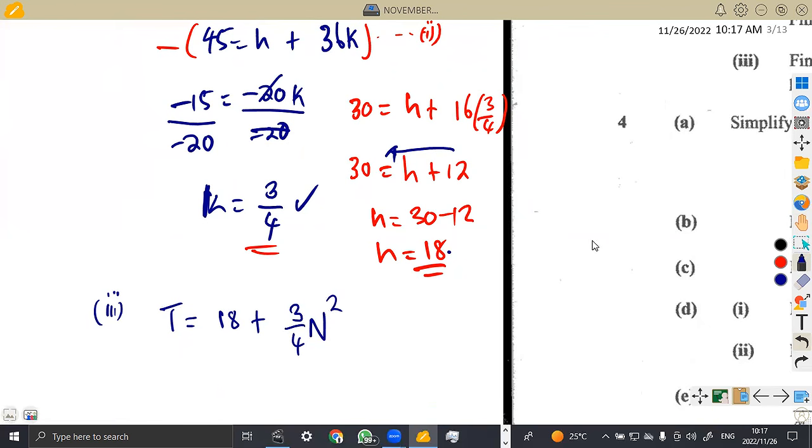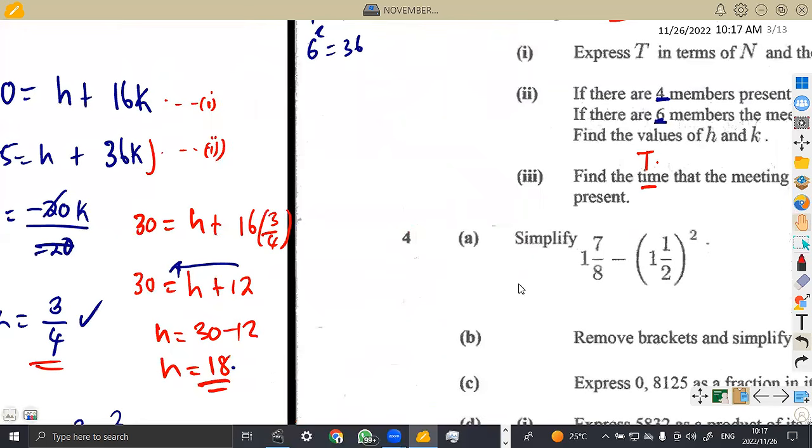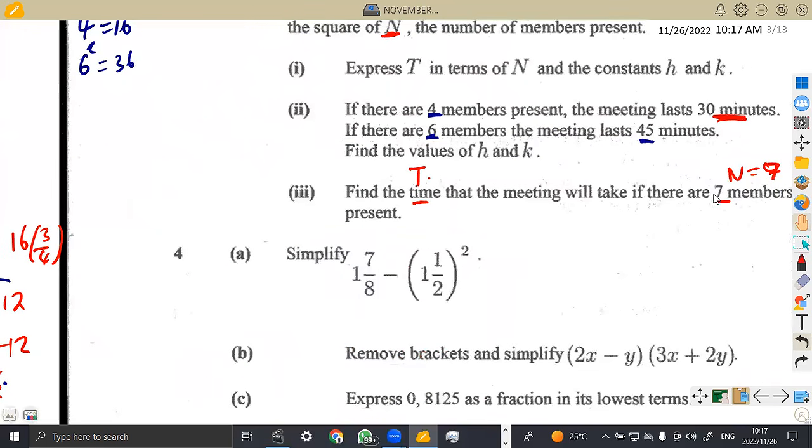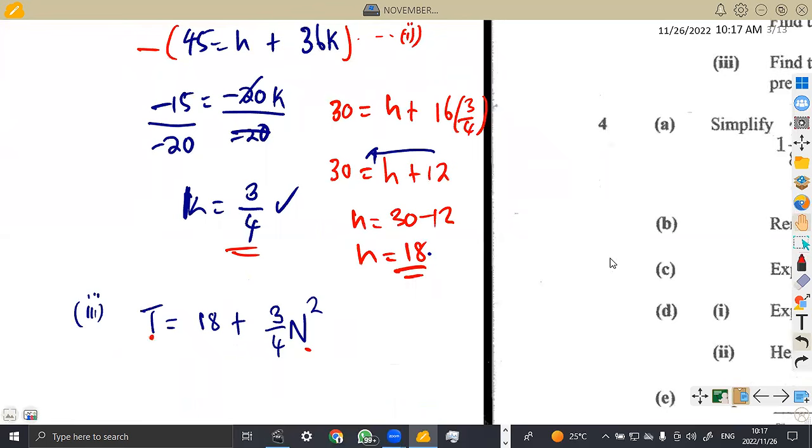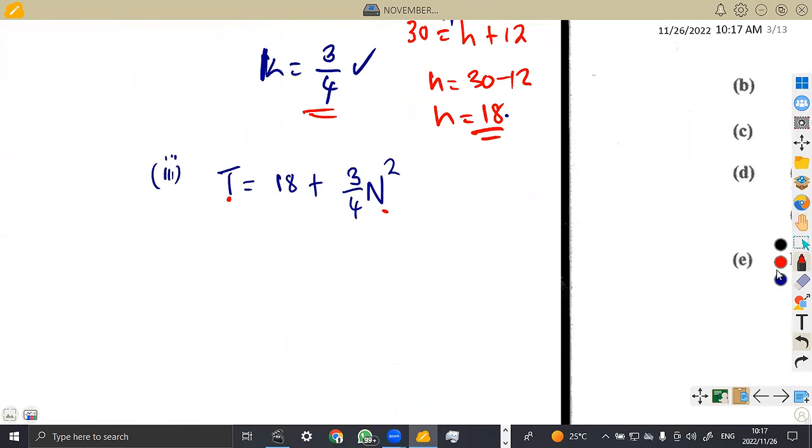So the question is for you to calculate the value of t given that n is equivalent to 7 members. So in place of n, you are going to substitute 7. So t is going to be 18 plus 3 over 4 times 7 squared, of which 7 squared is 49.